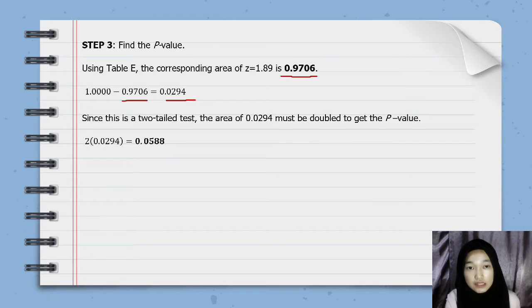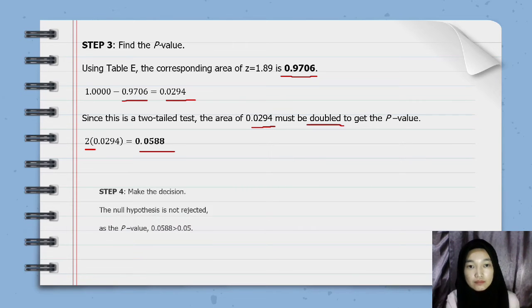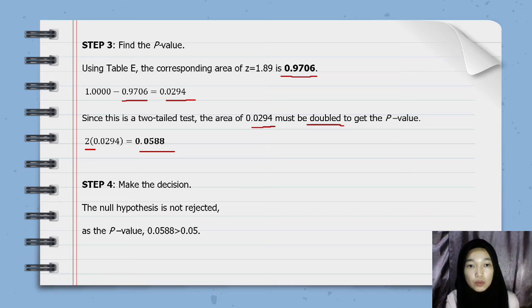Since this is a two-tailed test, the area of 0.0294 must be doubled to get the p-value. So bear in mind, we need to multiply this by 2 and we get 0.0588.